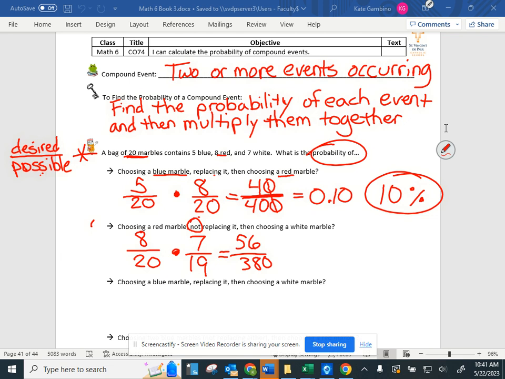Aiden? 0.147. So if it's 0.147, we need to turn it into a percent. So we need to round to the 100th. It's 0.15, because if it's followed by a 7, we have to round up. So 0.15 becomes 15%.